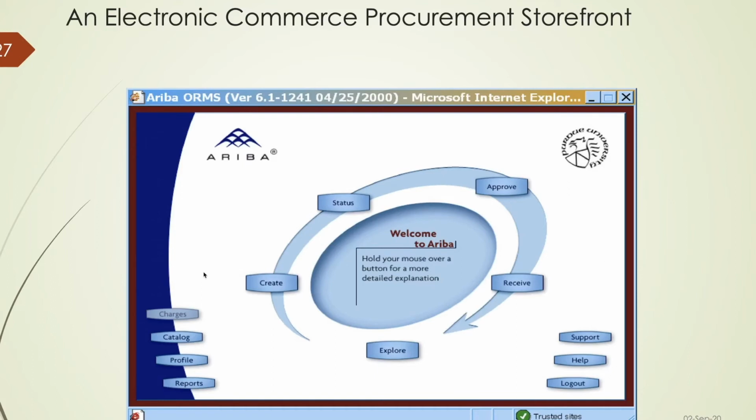Another one here is Ariba. What are they doing here? Here is a system where you are actually doing business, and in the way you do business, you hold your mouse over the button for a detailed explanation. So if you were to hold the mouse over create, it would explain what creation is, status, approve, receive, explore, catalog.